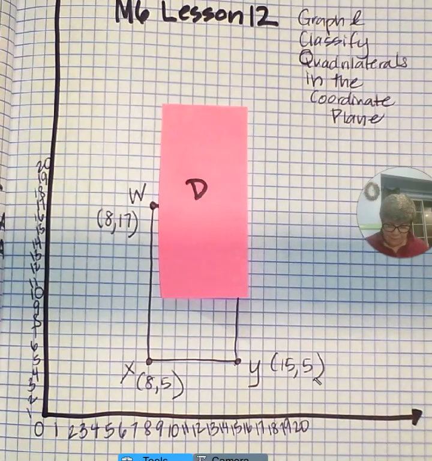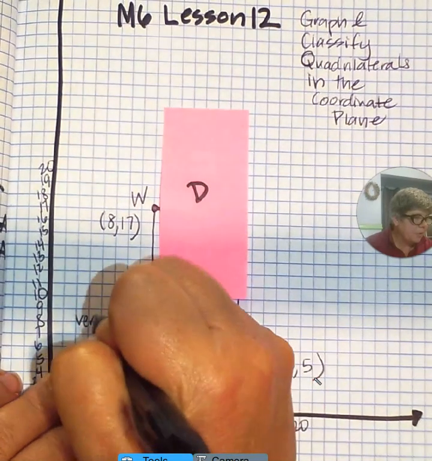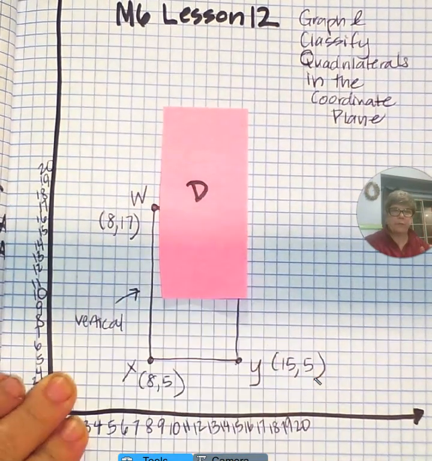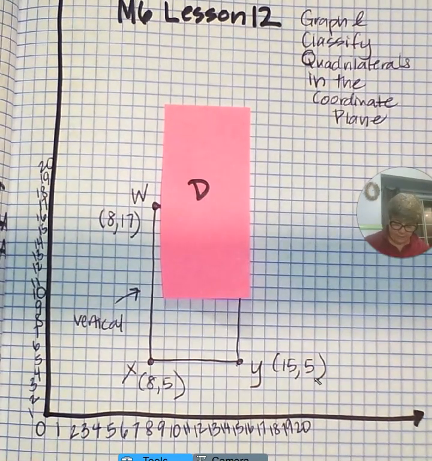Is WX horizontal or vertical? Good review. Horizontal or vertical? I hope you're saying that it is vertical because it's going up and down, right? Vert, right? Horizontal is across like the horizon. What is the same and what is different about the coordinates of the endpoints of WX? What is the same?